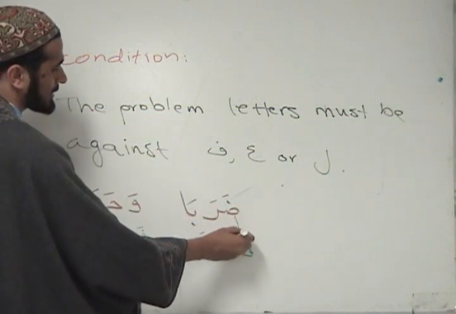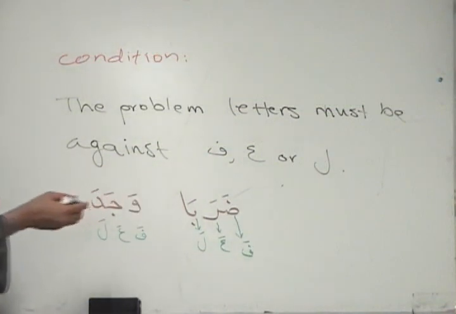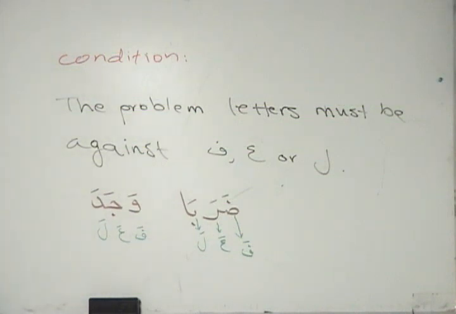Ba is against fa, ba is against ain, ba is against lam. How about alif? Alif is outside. We don't care where it is, it's just outside fa, ain, lam. We know our fa, ain, lam, and we know that the alif is not against any of them. So therefore, daraba is not mu'tal. Let's give you an example of mahmuz and not mahmuz.